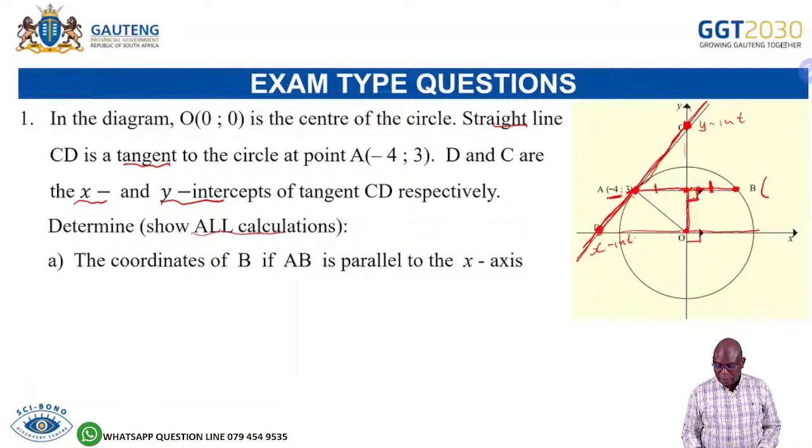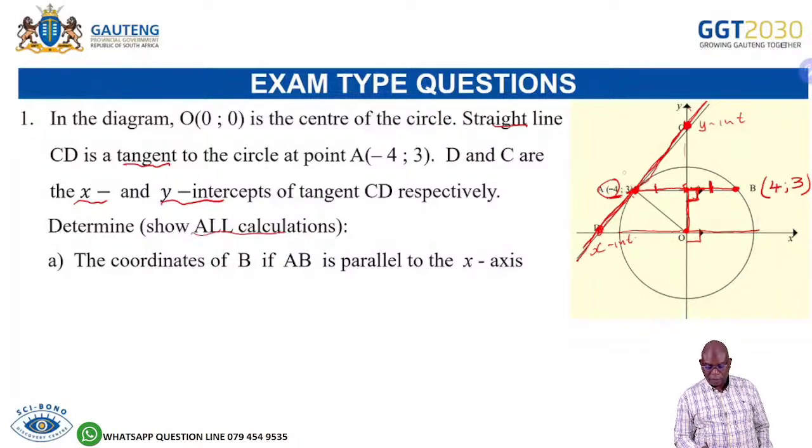So the coordinates of B will be, from here to there, 3. So the y value will be 3, but from there to there it's 4 units. It cannot be minus 4 units, it must be positive 4 units.